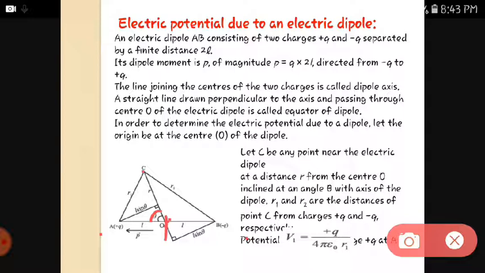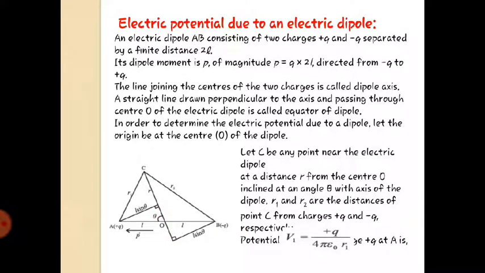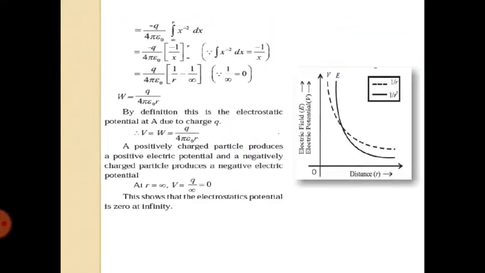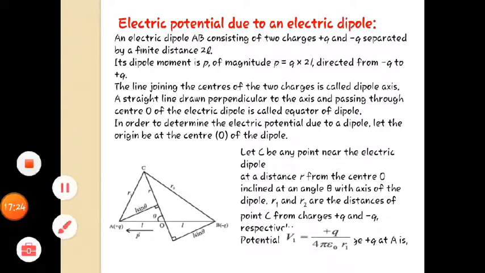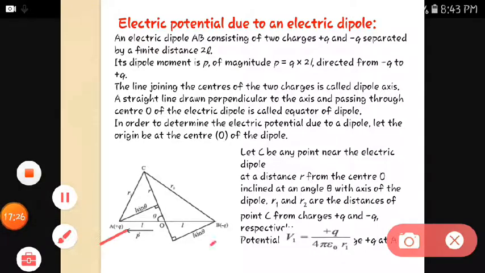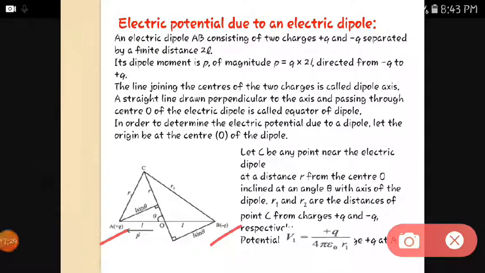Now, potential. I will explain the diagram again. A and B are the two dipole charges. One has plus Q and the other has minus Q charge. They are separated by distance 2L. O is the center, so this splits into L and L. Now this is the perpendicular drawn to this, and from B another perpendicular is drawn over here.